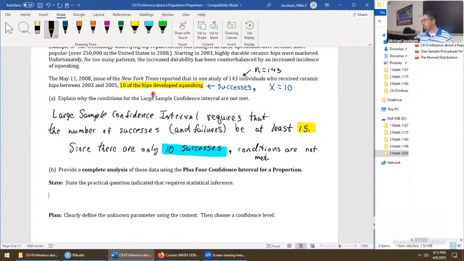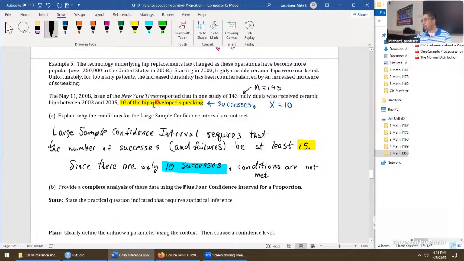If these hips were new, starting in 2003, the way these hips were implemented as a medical procedure is very particular amongst these years, 2003 to 2005. If we're thinking 2025, there's been a lot of changes on how this is actually implemented as a medical procedure. So for this kind of data, you have to be very mindful of the temporal component. We're constrained between those years in this analysis.